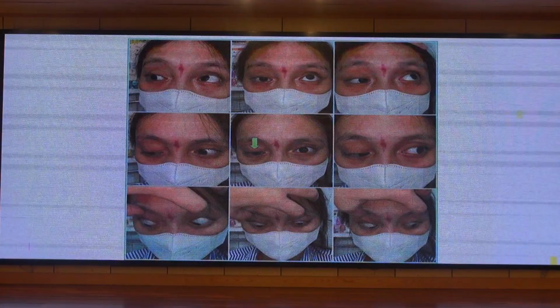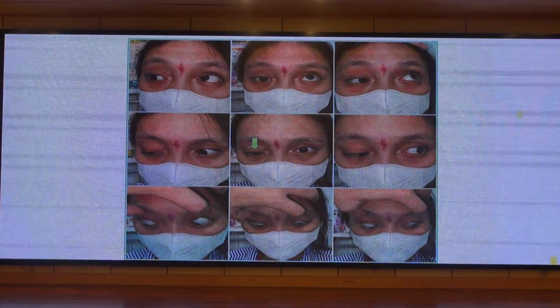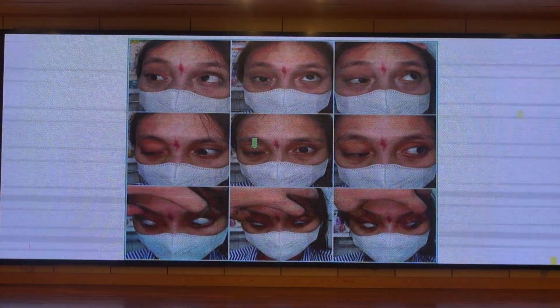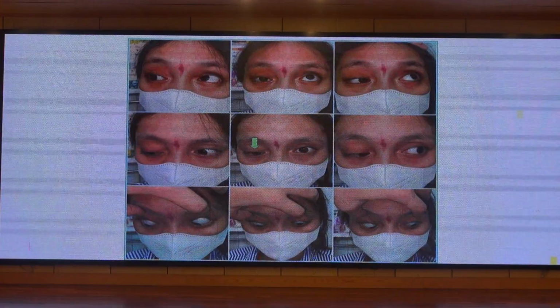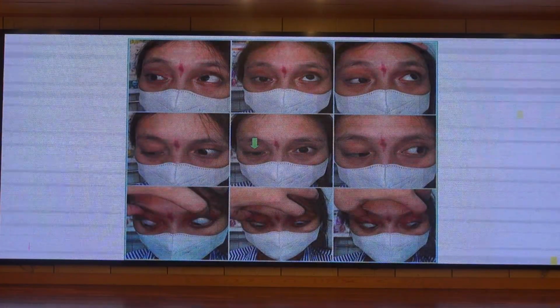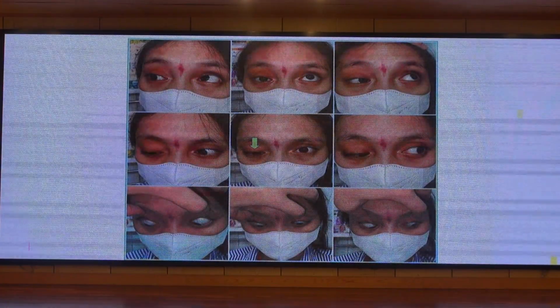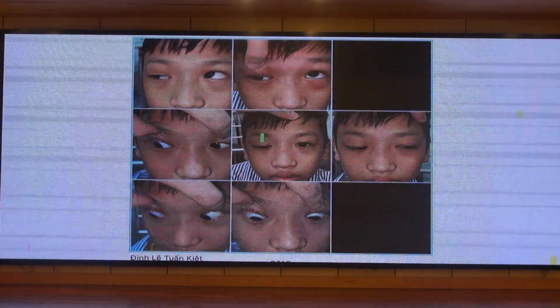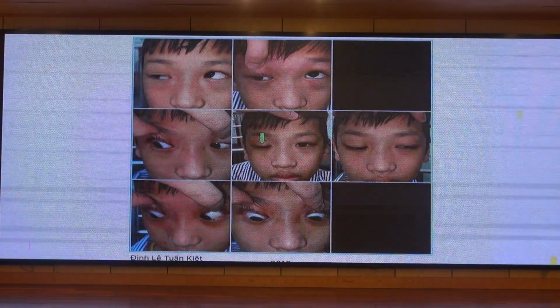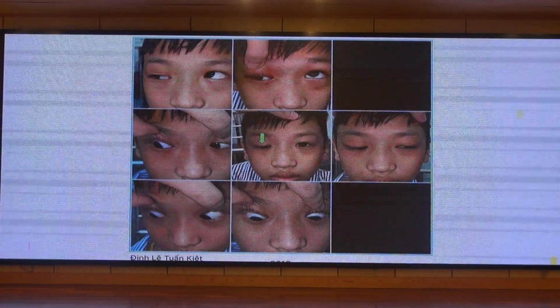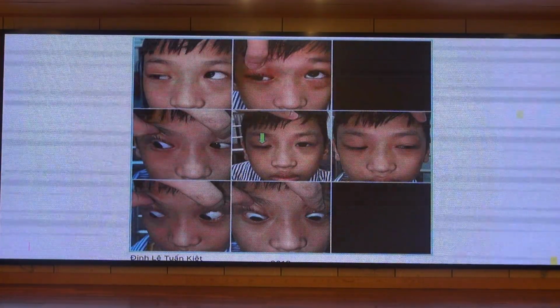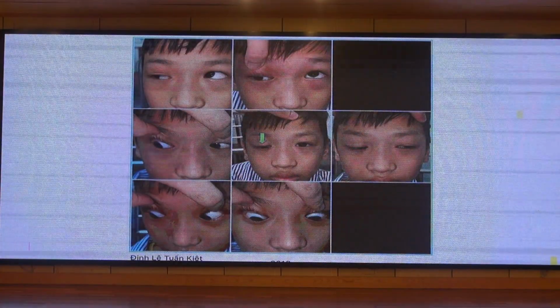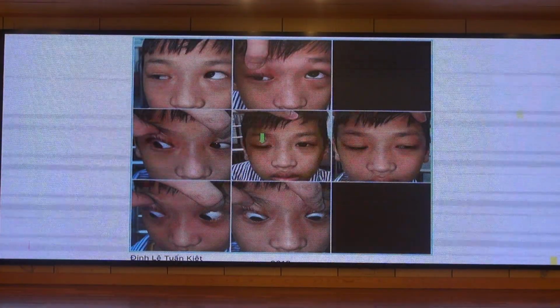This patient in the primary gaze has hypertropia and ptosis in the right eye, and when she looks up, both right side and left side there is a limitation. This boy is similar at primary position. He has hypertropia and ptosis in the right eye, and he has a limitation of elevation.